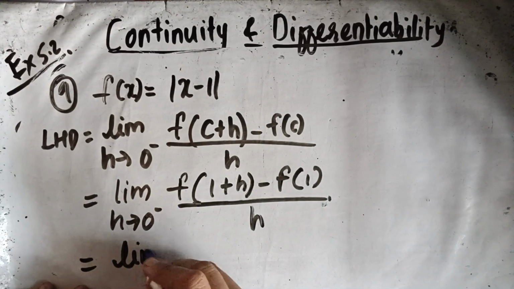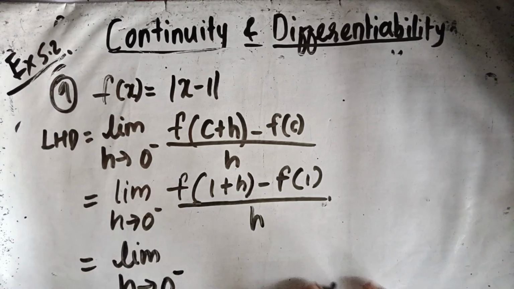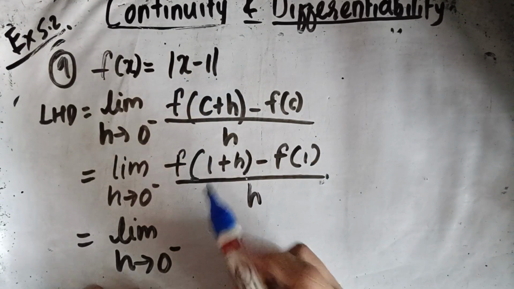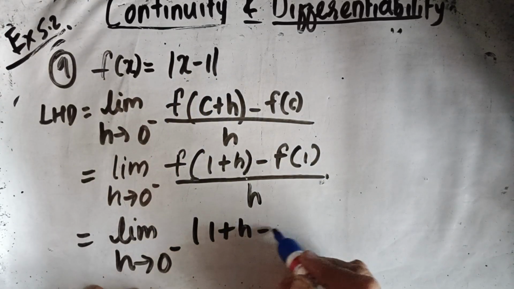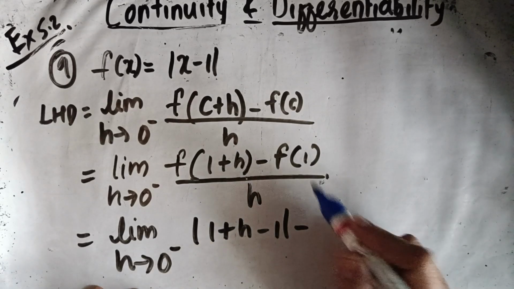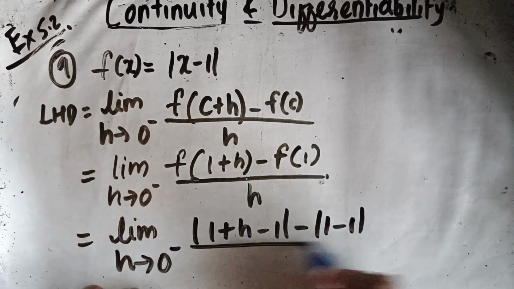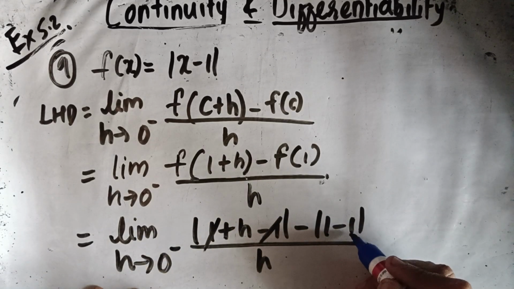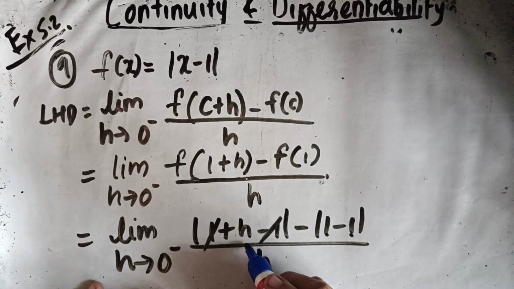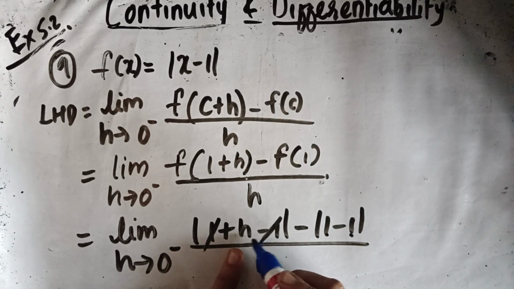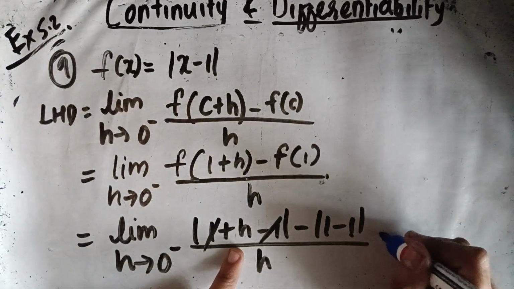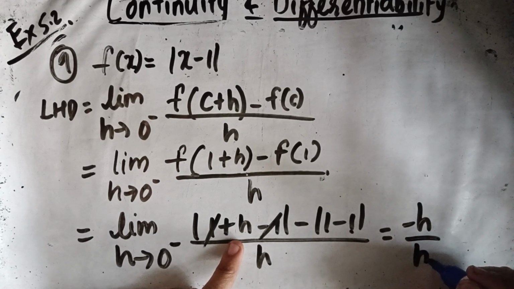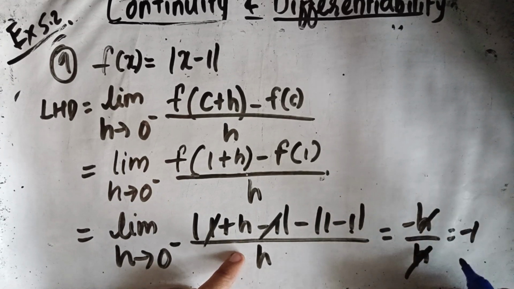So here you have to put f of 1 plus h, in place of x it is 1 plus h, minus 1. So this is 0 and mod of h. Now here mod of h, it is from the left hand side, so the answer will be minus h upon h. So this is minus 1.